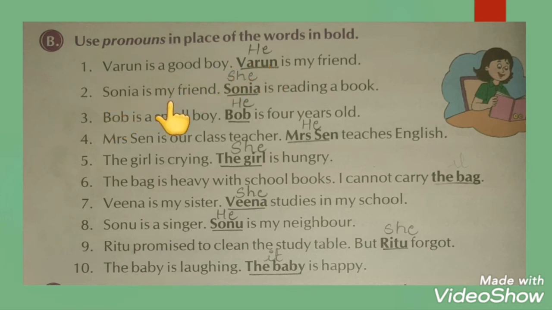Sonia is my friend. Sonia is reading a book. Here, we use she because Sonia is a feminine gender, that's why girl, that's why we used she. Like that, Bob is a small boy. He is 4 years old. At the place of Bob, we used he. Like this, students, just try by your own.